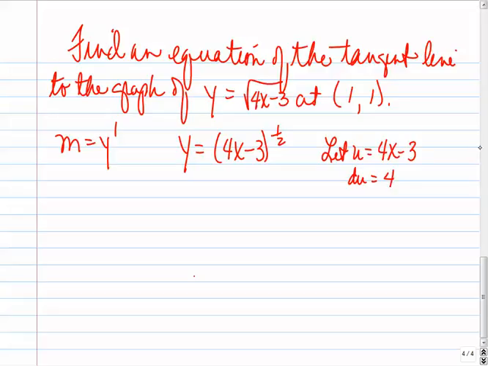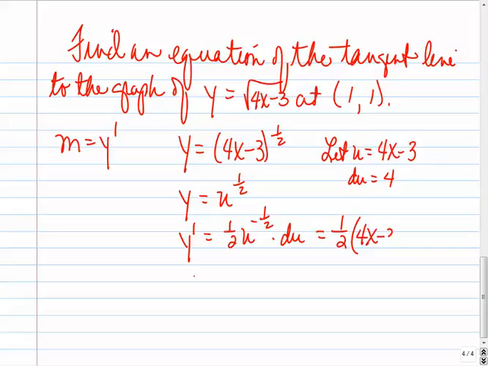So just like we've been doing, I want to write the original function in terms of u. So that would be u to the 1/2 power. Then the derivative would be 1/2 u to the negative 1/2 power times du. And so we want to substitute in our values for u and du, which would be 1/2 times (4x minus 3) to the negative 1/2 power times 4.